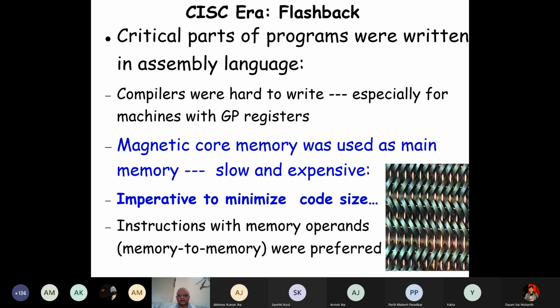So the program size needed to be small to fit into the core memory and also to reduce the fetch time of the instructions. Therefore, the processor designers supported memory to memory addressing modes, where the operands are also in memory and the destination is memory.